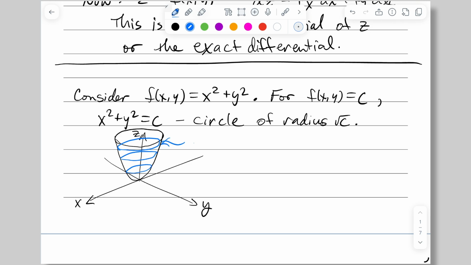Each of these circles is called a level curve of the surface f of x, y, and that type of equation, x squared plus y squared equals c, or more generally, f of x, y equals c, is actually going to be the solution that we're looking for when we look at exact equations.